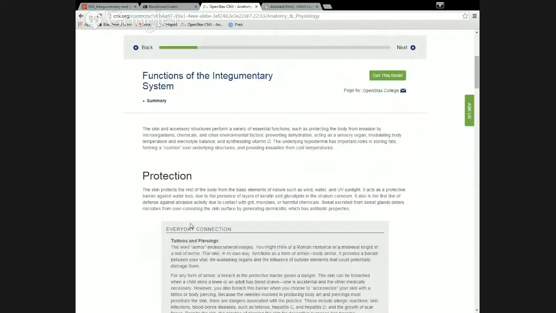What tissue do you think is most important about that function in the skin? Yeah, it's an epithelial tissue. And within the types of epithelial tissue, there is one that is pretty much just for protection, which is what?